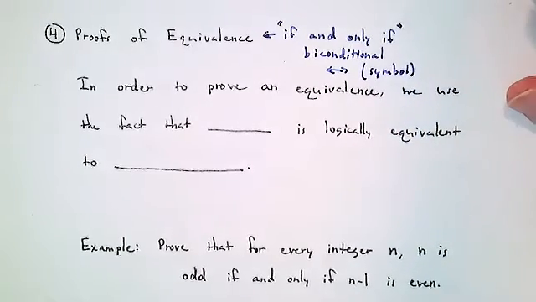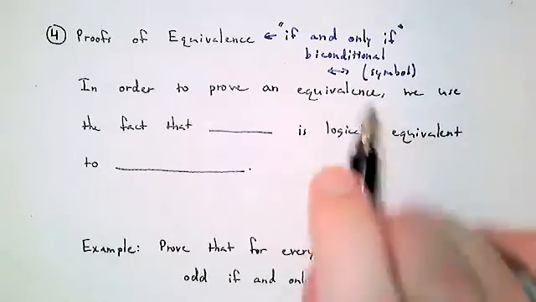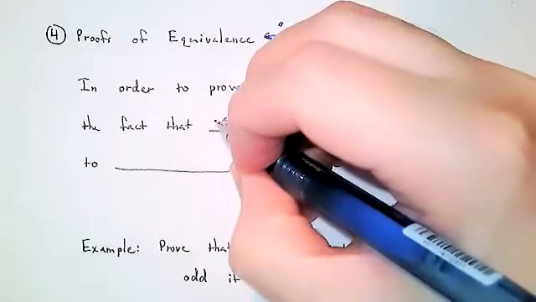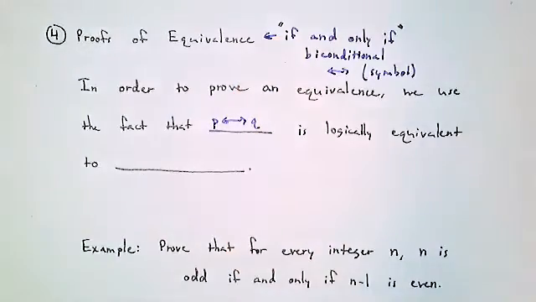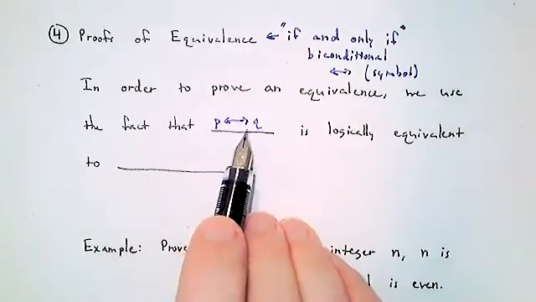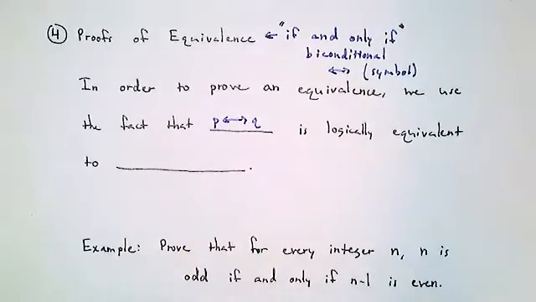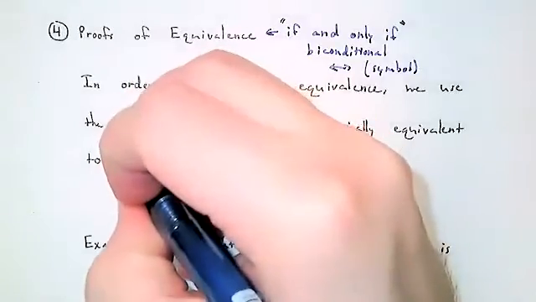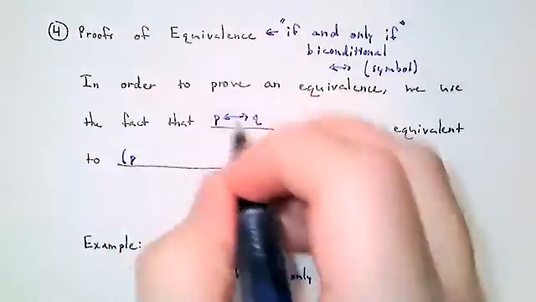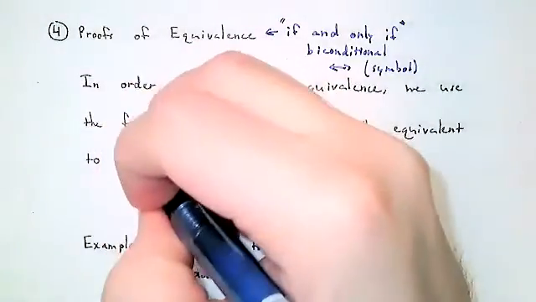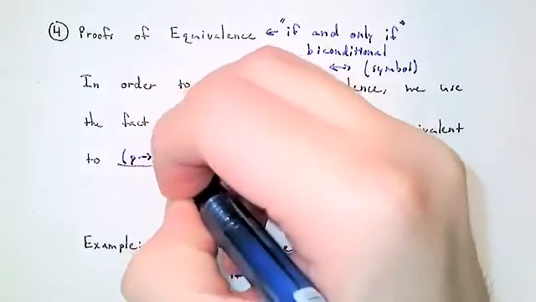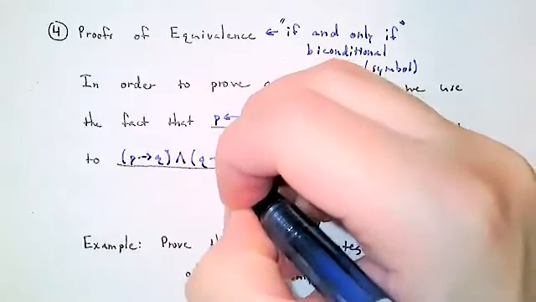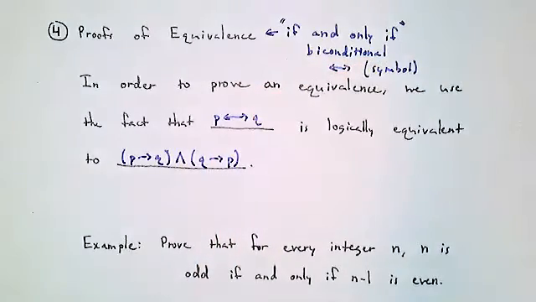One thing we learned back in the last chapter is that the biconditional, P if and only if Q, is logically equivalent to two separate conditional statements. So the double arrow breaks down into two single arrows: if P, then Q, and if Q, then P.